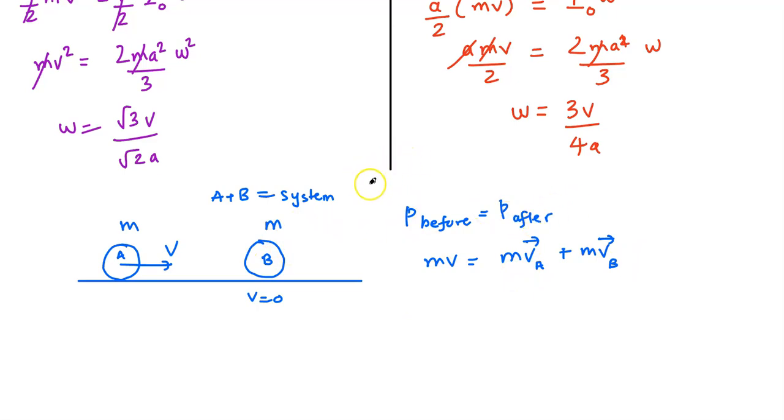This is where we need to know whether energy is being conserved or not. We know for sure momentum is conserved, but we cannot say energy is conserved for sure, because collisions can be of two types: elastic in the extreme case, and inelastic.